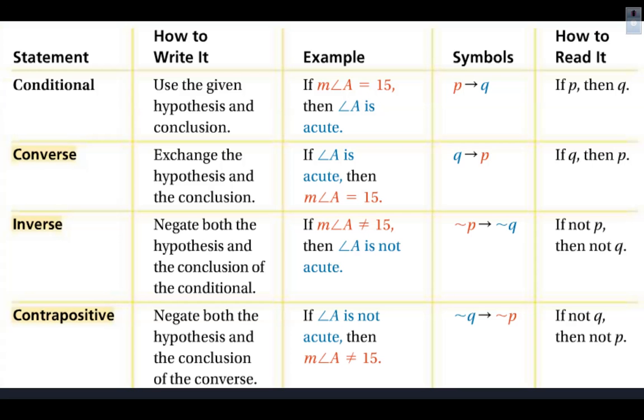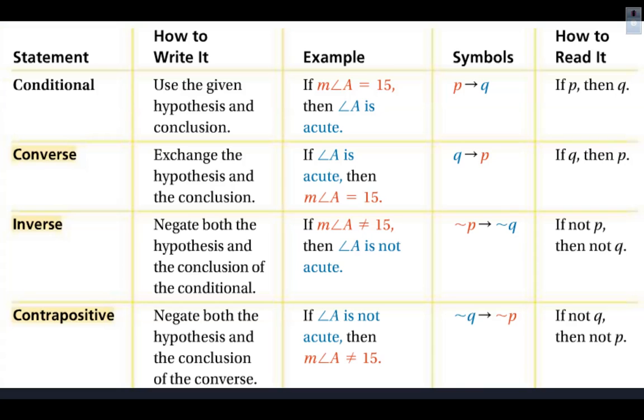All right, so let's take a look here at our chart. Okay, now every conditional statement has three related conditional statements. The first one is called the conditional. That's our original statement. Then we have the converse, the inverse, and the contrapositive.